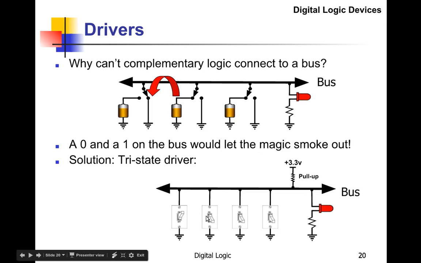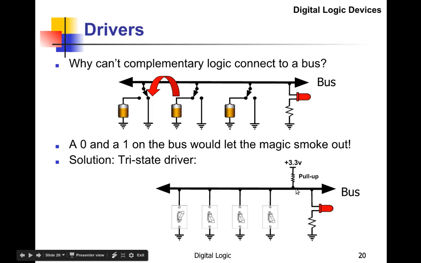So these are tri-state drivers, and basically the way it works is that with this pull-up resistor right here, if any one of these guys pulls it to ground, the bus will be ground. If all of them are open, in other words, all the switches are off, then the resistor here will pull it up to 3.3 volts.